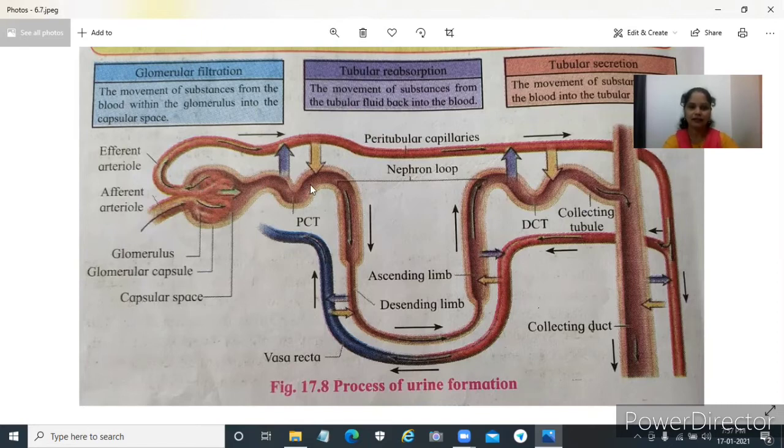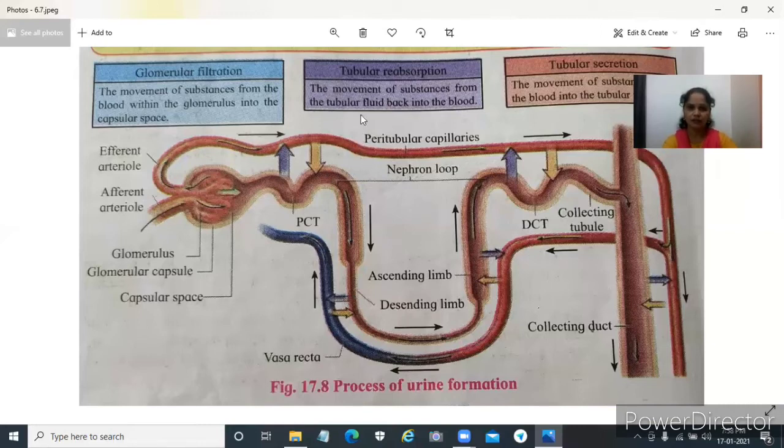Now the filtrate goes to the next step, tubular reabsorption. Tubular reabsorption is the movement of substance from the tubular fluid back into the blood. Whatever essential substances are present in the tubular fluid, like glucose, plasma, some sodium, potassium and chloride ions, those are essential substances, and they enter the blood again.